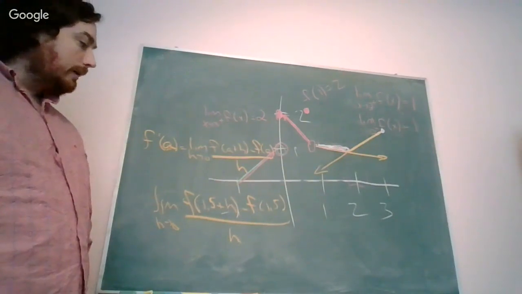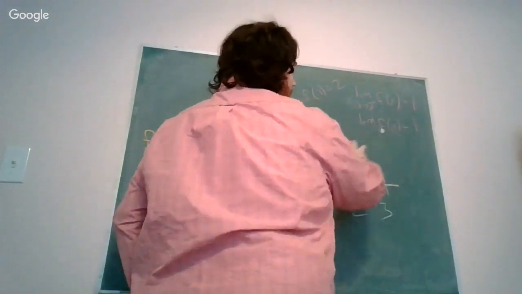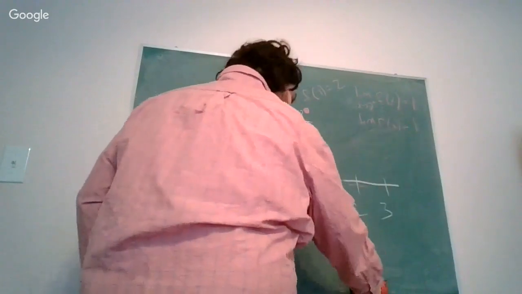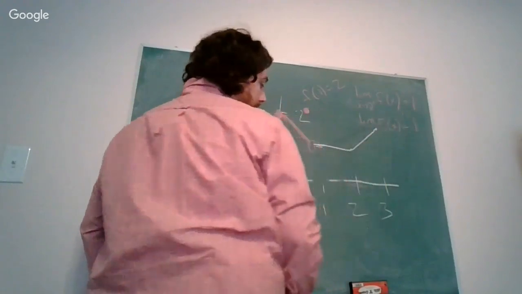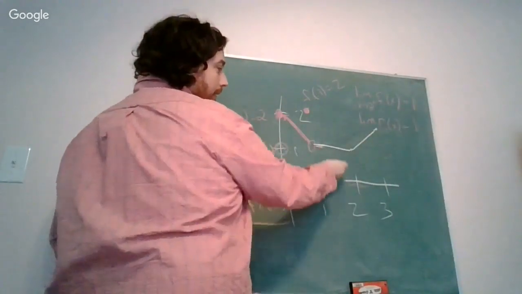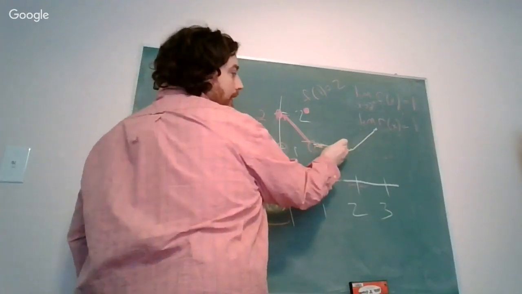So now if we want to find the derivative at the point a equals 1.5, we're going to do the same thing we did over here, where we draw in our secant lines until we get the limit. So if we draw in our secant lines here at 1.5, we pick 2 points and connect those dots with a line.